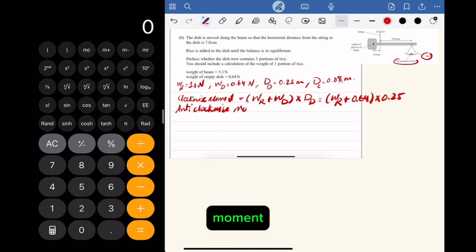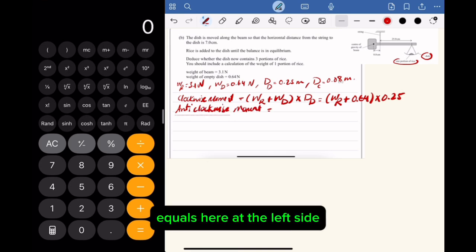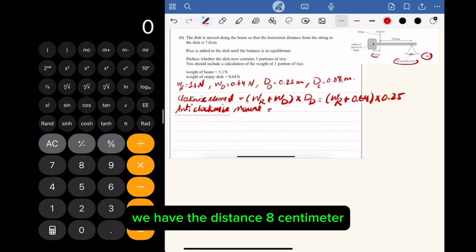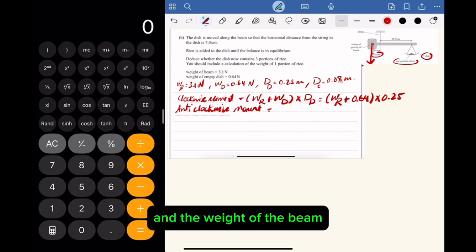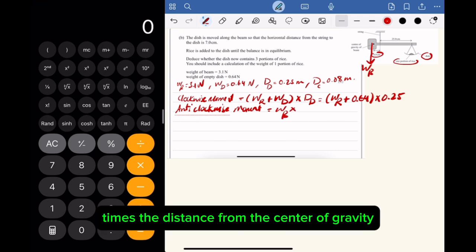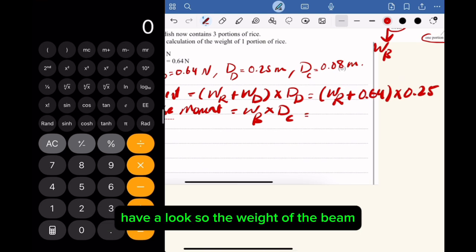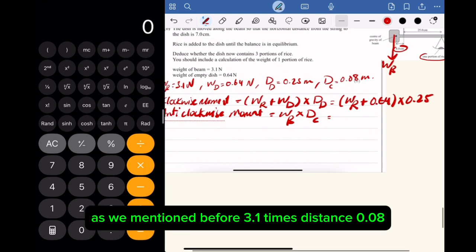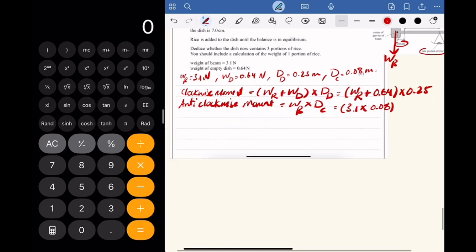The anti-clockwise moment equals: here at the left side we have the distance 8 centimeter and the weight of the beam. So the weight of the beam times the distance from the center of gravity. The weight of the beam, as we mentioned before, is 3.1 times the distance 0.08.